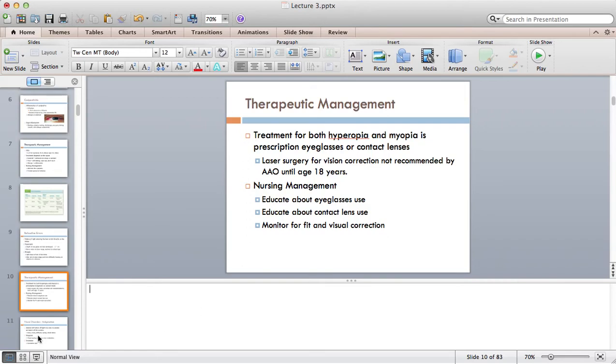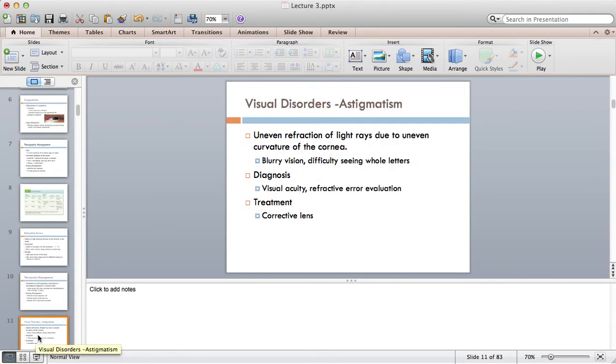Another problem would be what we refer to as astigmatism, which is uneven refraction of light rays by the cornea. So it falls on the retina, but it's not reflecting evenly. So the person will complain of blurry vision, or sometimes they see a partial letter.